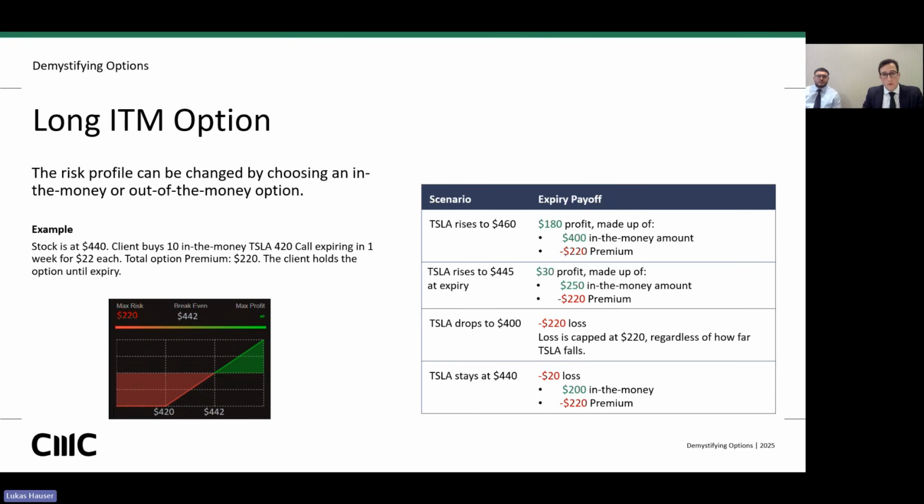However, if the stock drops to 400, we also have a higher loss than in the previous example with an at-the-money option, because the initial premium outlay was higher. And then if we stay around here, we would have a smaller loss because the option is already in the money by $200 and the premium paid is $220.